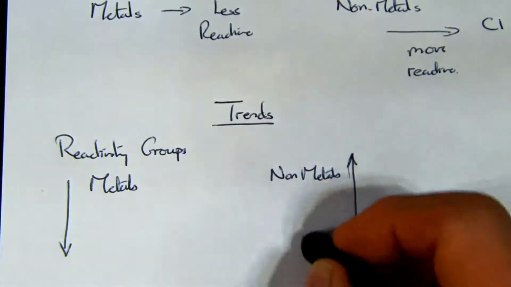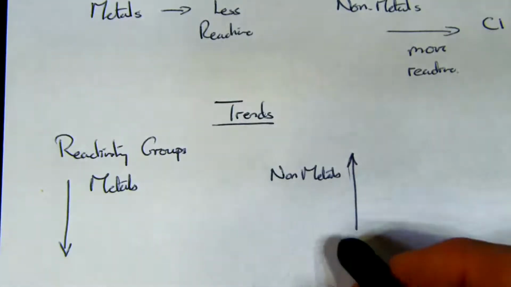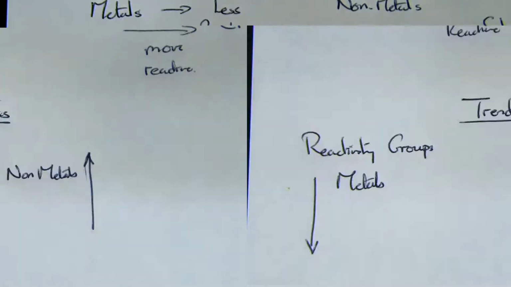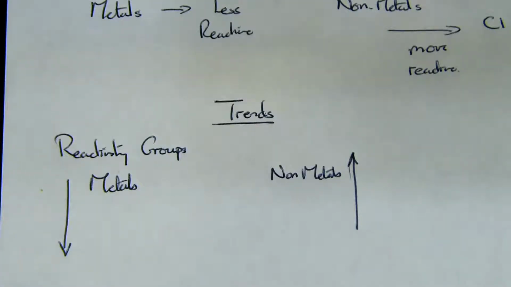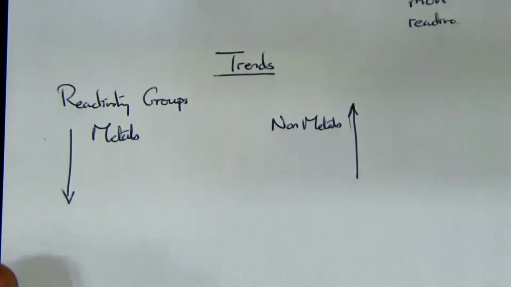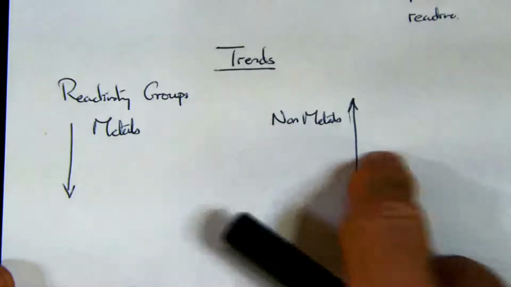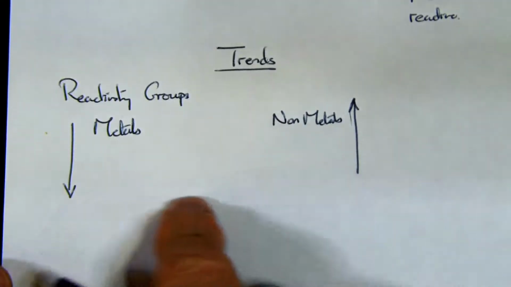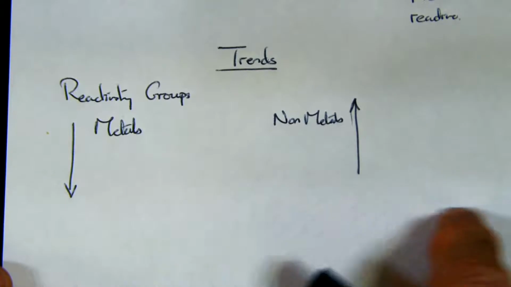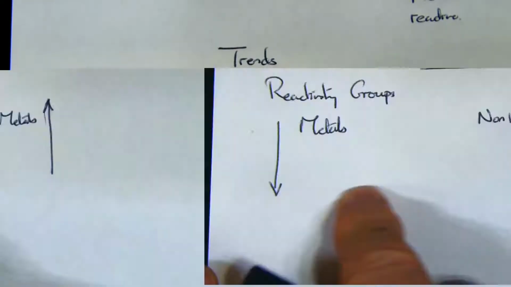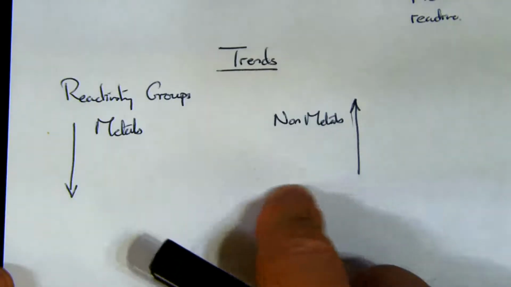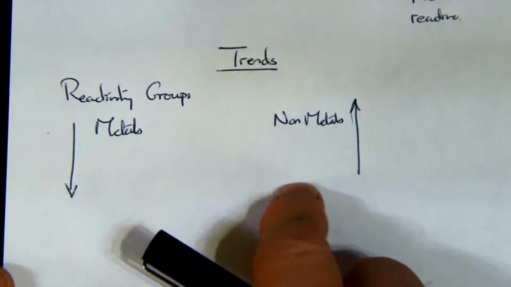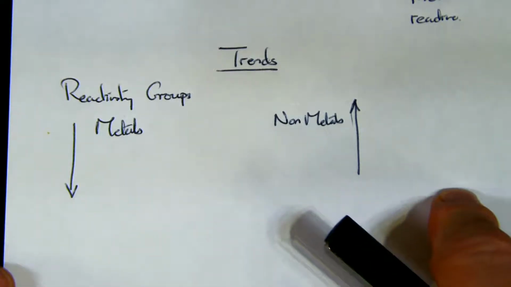They tend to get more reactive as they go up. Going across the period, we're seeing changes going along from metals to the ones that can't make their mind up, the metalloids, to the non-metals.